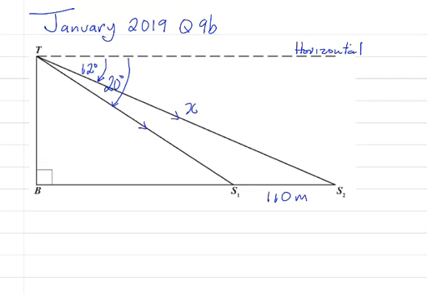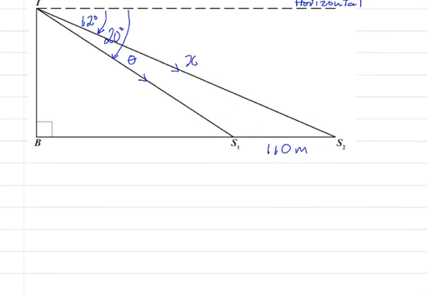I can easily determine the size of this angle here. I'm going to call it theta. So theta is equal to 20 degrees minus 12 degrees, and that angle is equal to 8 degrees.